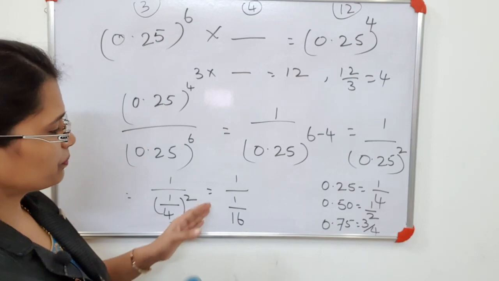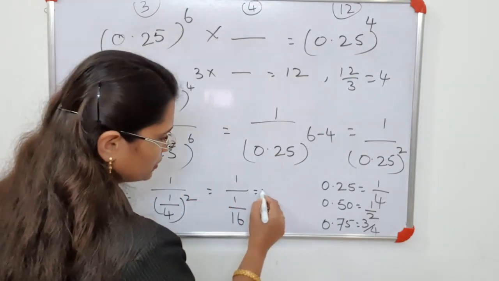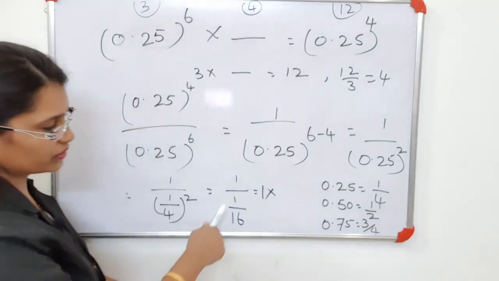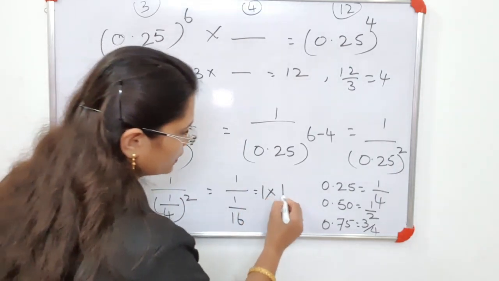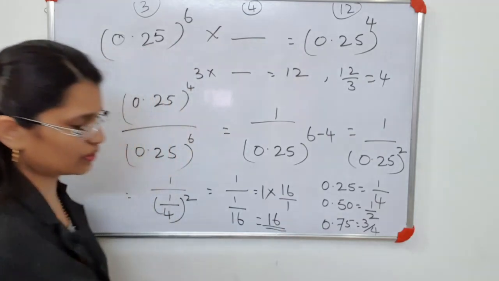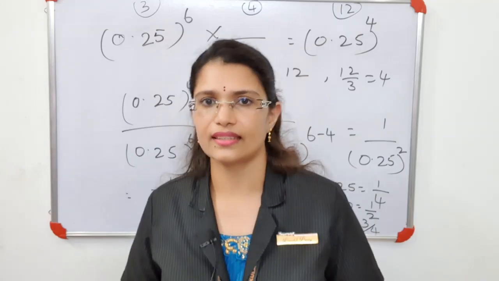Here 1 divided by 1 by 16 is equal to 1 into, take the reciprocal and then multiply. What is the reciprocal of 1 by 16? 16 by 1. So 1 into 16 by 1 is equal to 16. That is the natural number. This is the answer. Is it clear, children?